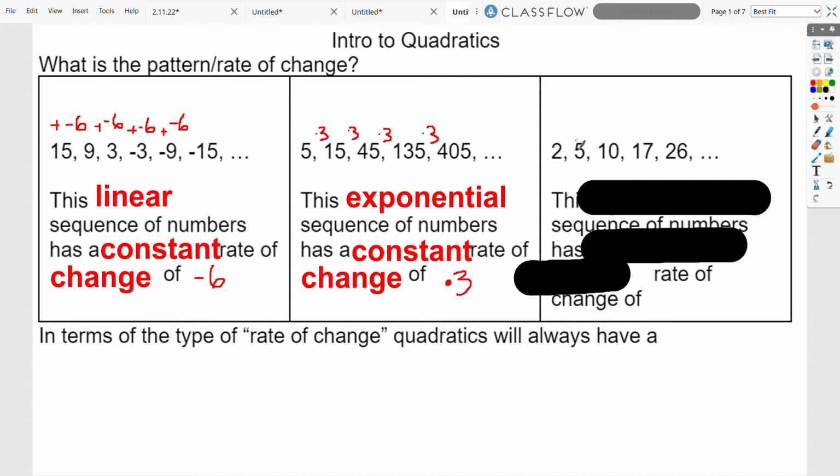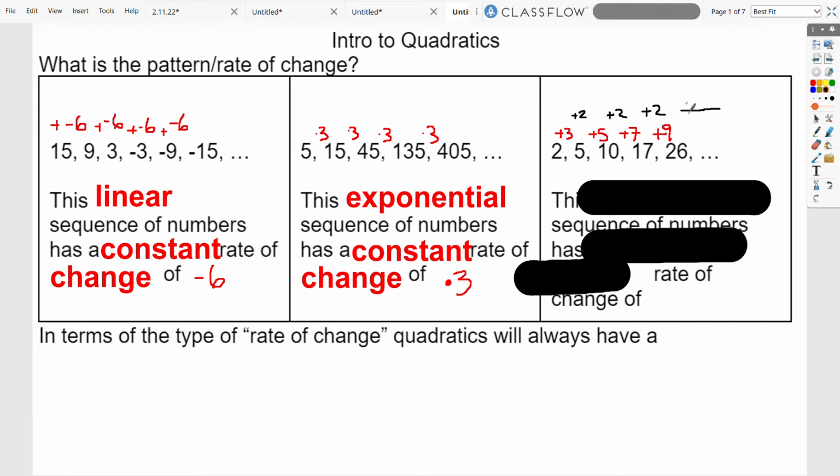So the constant rate of change for this one is multiply by 3. And when you look at this sequence of numbers, we should notice we're not multiplying by the same number each time. And when you find out what we're adding by, it doesn't even look like it's the same number we're adding each time. But if we take the difference between these numbers, between 3 and 5, that's plus 2. 5 and 7, that's plus 2. Also plus 2 here.